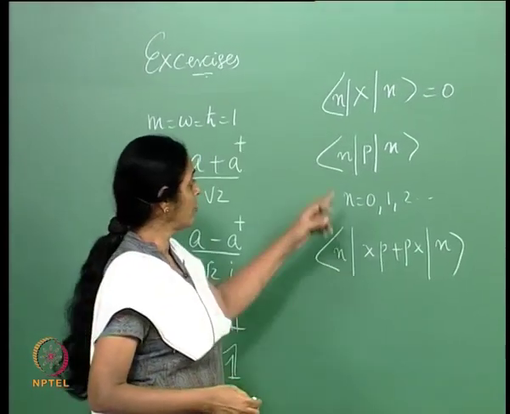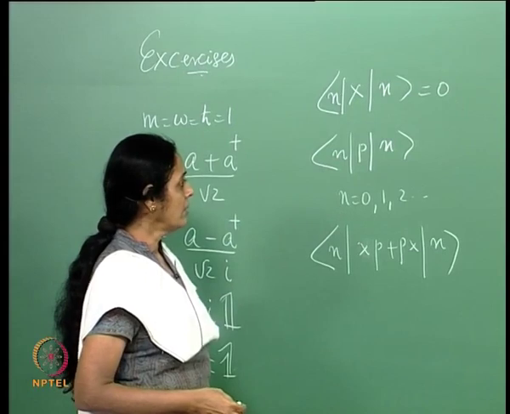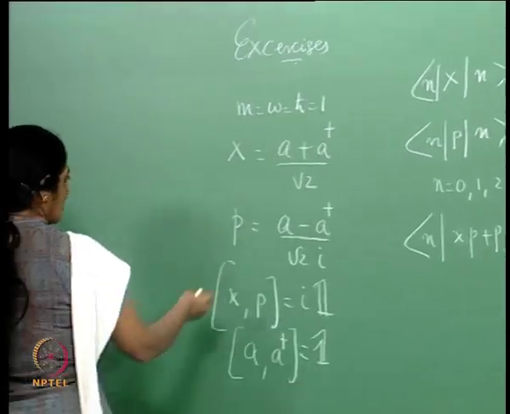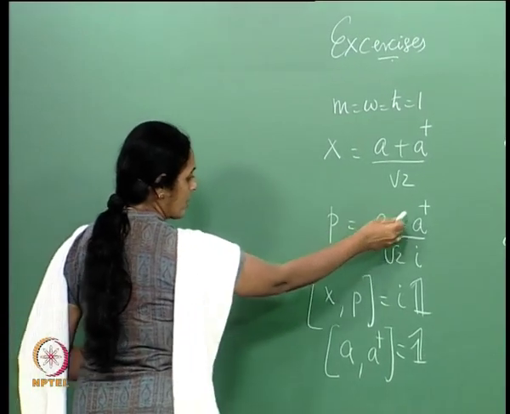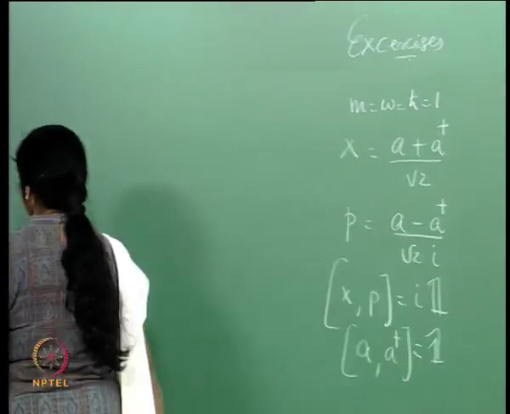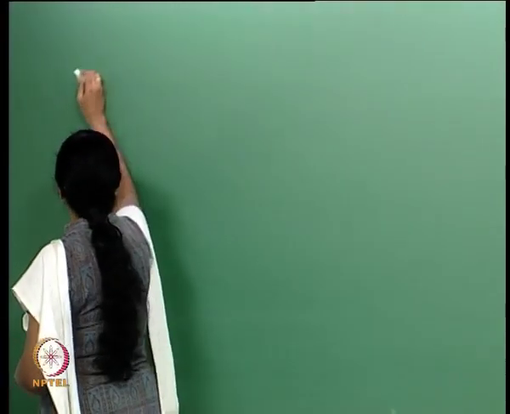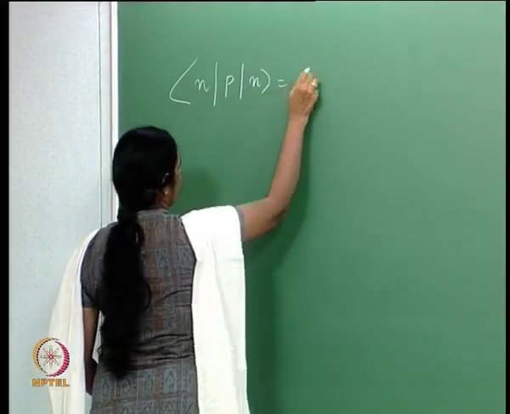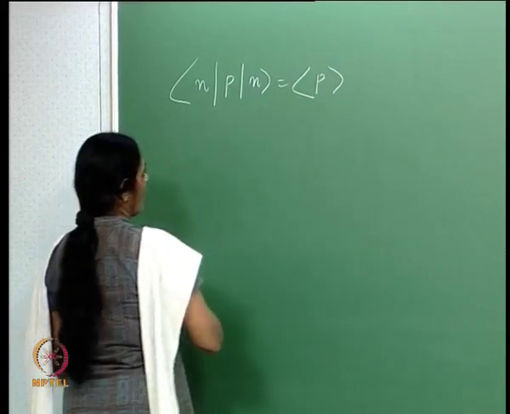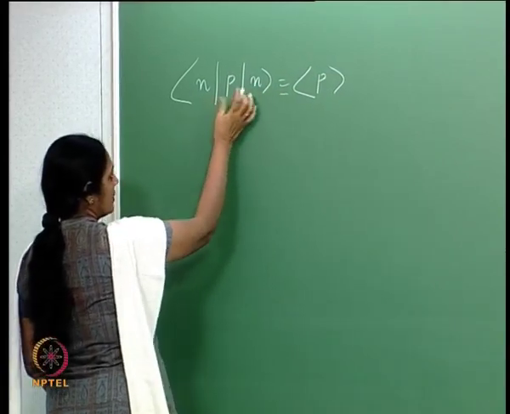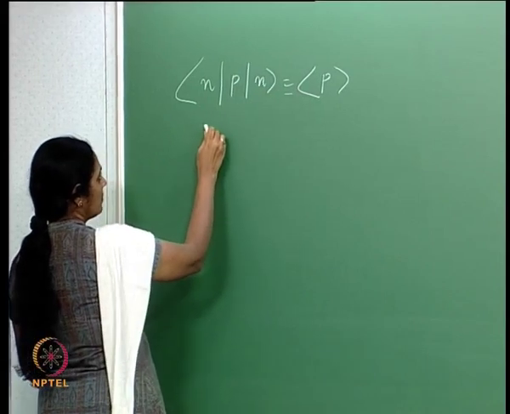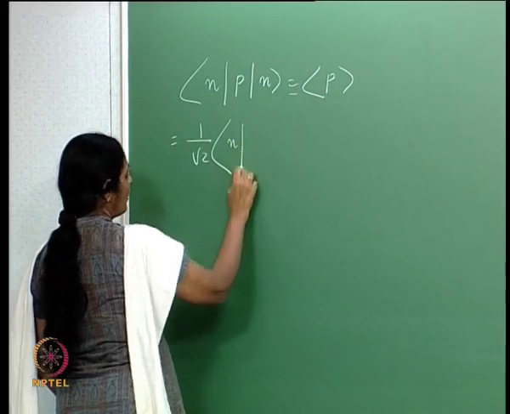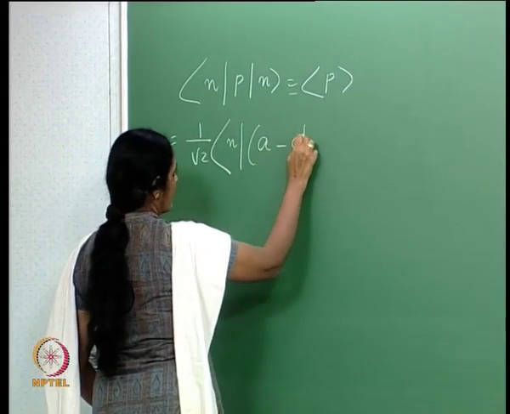Now suppose I wish to find out expectation p in any of these states. I would repeat this, substituting p is (a minus a dagger) by root 2 i. So this is identical to expectation p, and that is given by 1 by root 2 <n|(a minus a dagger)|n>.